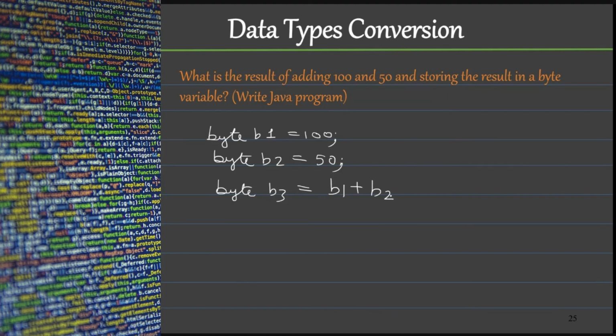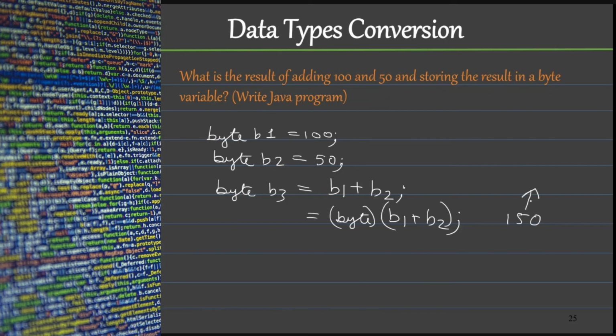Java will tell you, okay, this expression will be promoted to an integer, so convert it into byte. So we would write byte, and then b1 plus b2. But remember one thing: b1 is 100, b2 is 50, so it is becoming 150.